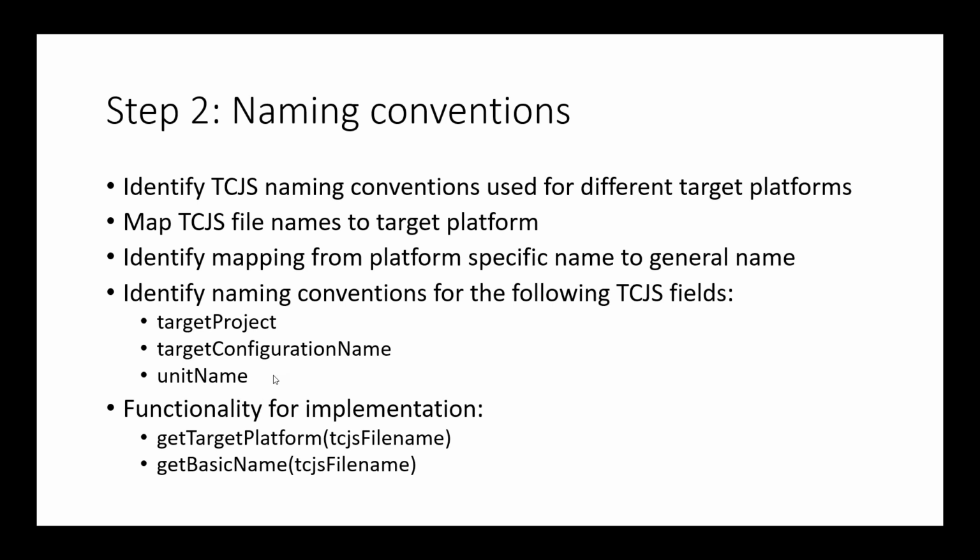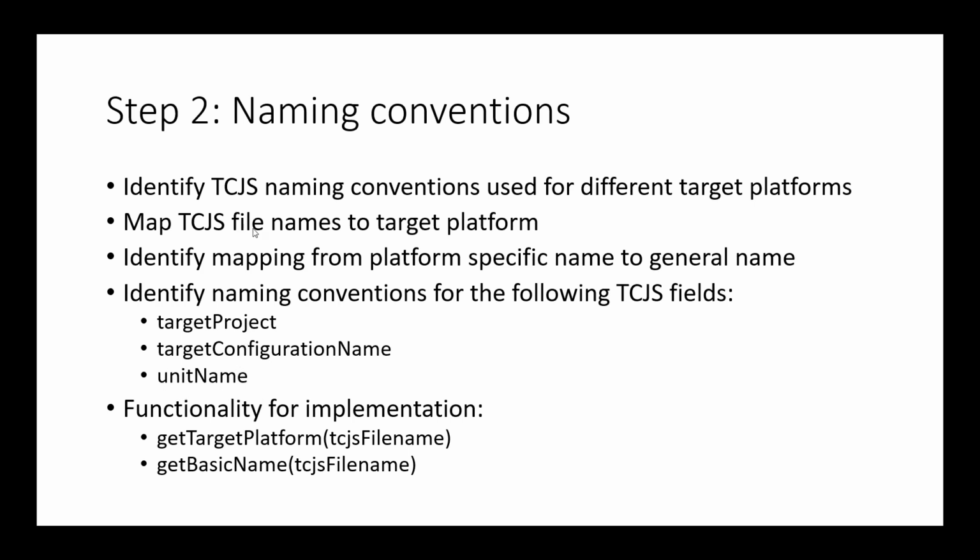So you also need to understand how the files are named, and what would be the best general name in your case. Also, naming conventions should be analyzed for these TCJS fields, which can also contain some general names and platform-specific postfixes or prefixes, like target project. Usually target project can have some basic name plus some underscore platform-specific name, also target configuration name and unit name.